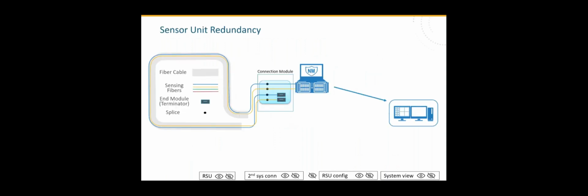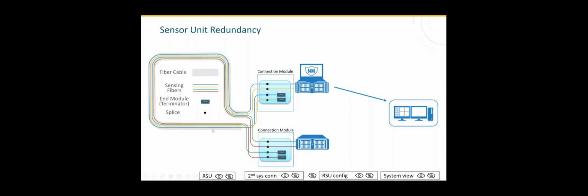Sensor unit redundancy. So last but not least, in terms of the features of the system, great system, handles huge perimeters. There is interest in having some redundancy in that coverage. So, for instance, you could use a redundant sensor unit.